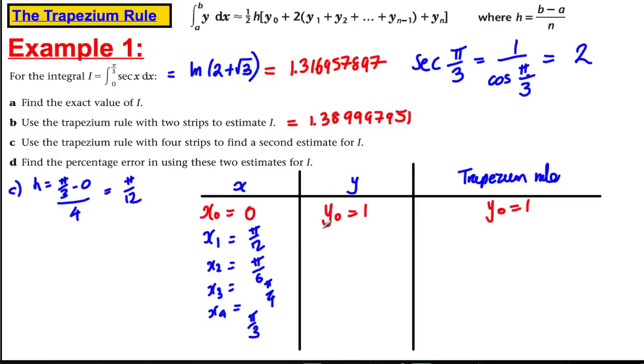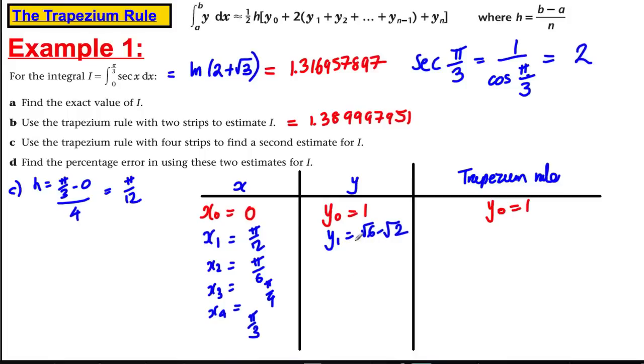Okay, so y1 is going to be sec of pi by 12, which is 1 over cos pi by 12. So we just type in our calculator 1 over cos of pi by 12, and our calculator gives us back the answer here, root 6 minus root 2.